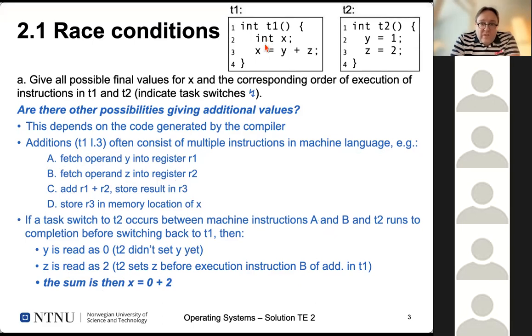We execute x equals y, so we load y first, which is 0. Then we switch over, set y and z. We have already read y, so we read z in the next step, and read z as 2. So we have our cached value of 0 in R1, and our value of 2 in R2, and then we write back a 2. So this sum would actually be a valid result here.